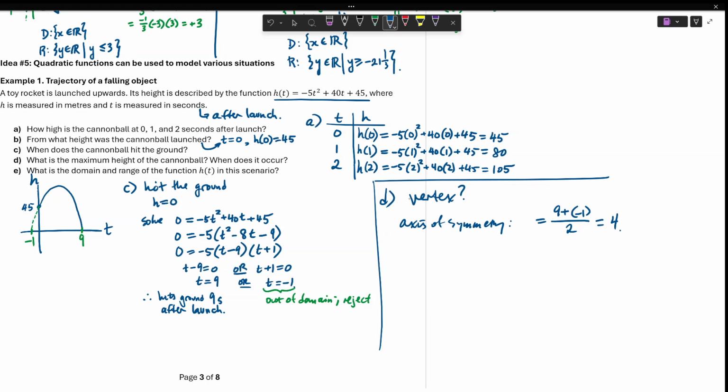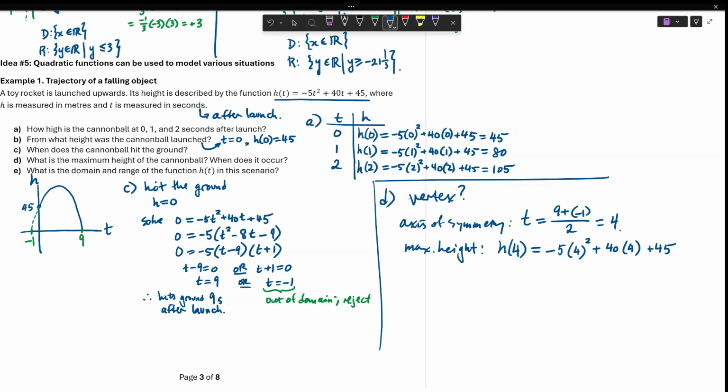I shouldn't say x, I should say t, because it's time. So the maximum height we're going to say is h of 4, the height at 4 seconds. And you can put that into any form of the function. Let's say -5 times 4 squared plus 40 times 4 plus 45.